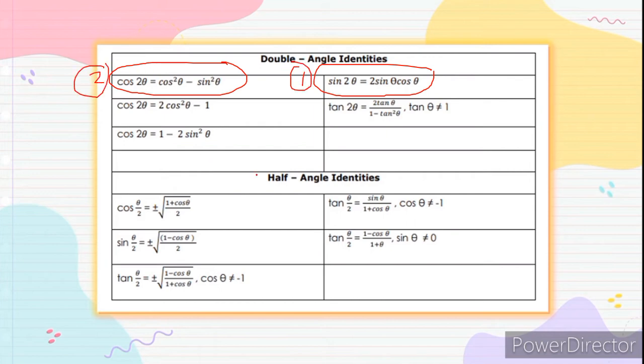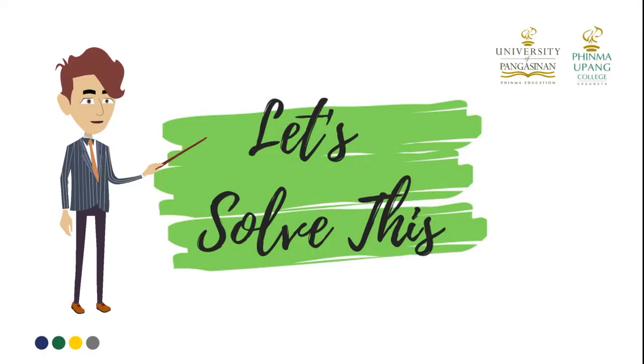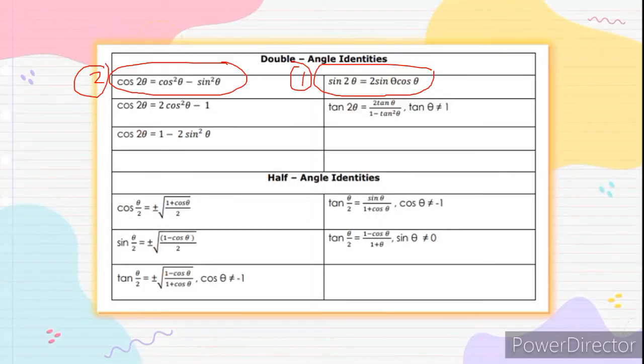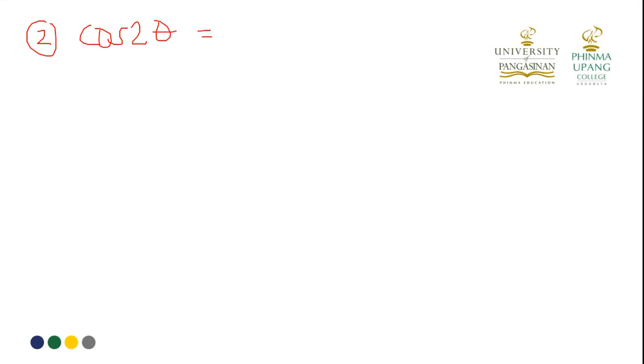So kung ano yung nabilugan dyan, yan lang po yung mga gagamitin natin. Kahit sa mga exams ganyan. Okay, so yan po yung gagamitin natin. Next is cos theta. Balikan natin. Okay, naalala ko na. So cos squared theta minus daw natin si sine squared theta.